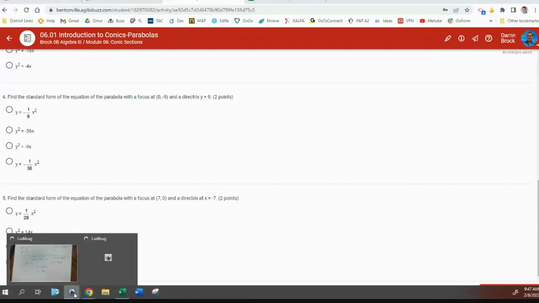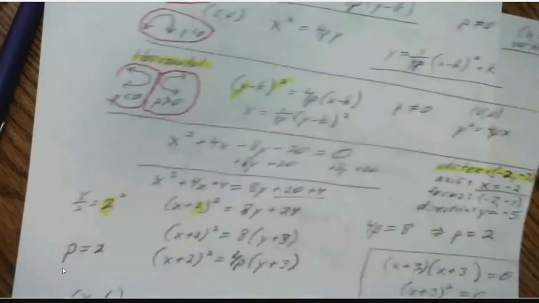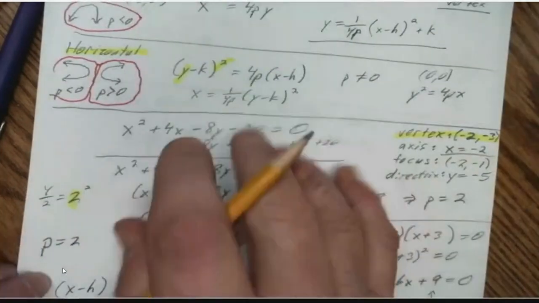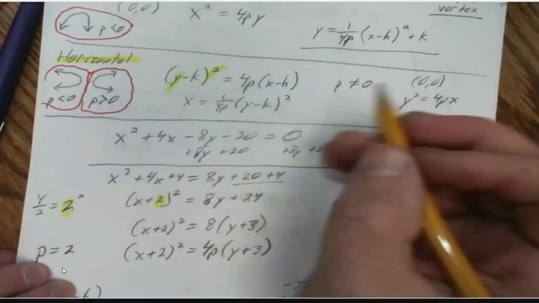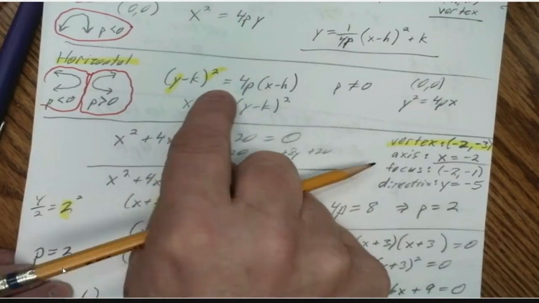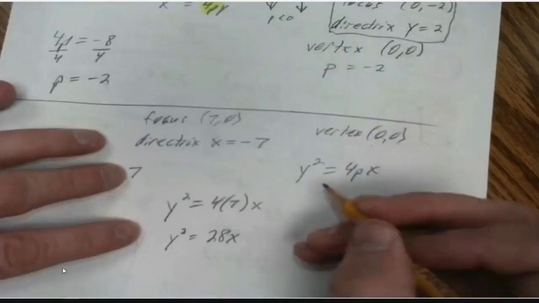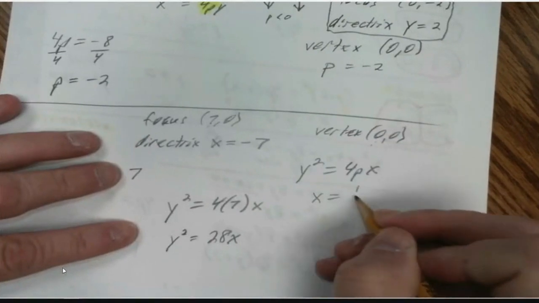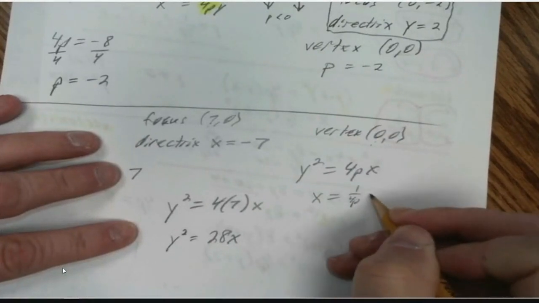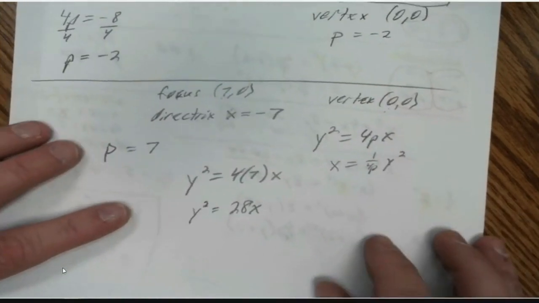Let me go back, show you this. I'll show you what they did. They went to this. Remember, these are the same thing. They did the x equals 1 over 4p y squared. They did the other form, 1 over 4p y squared. They did the other form of the exact same equation.